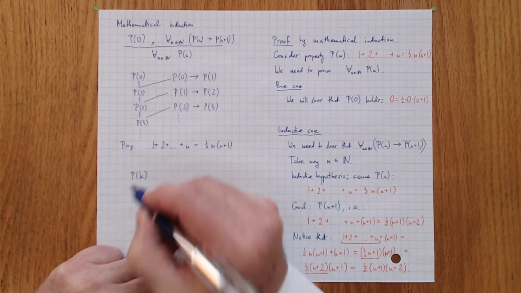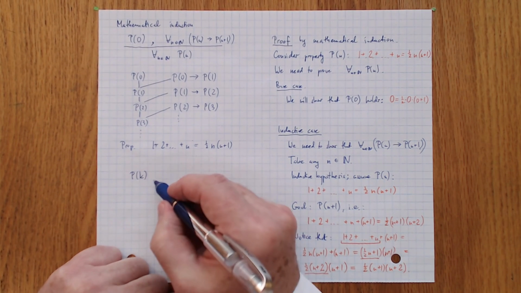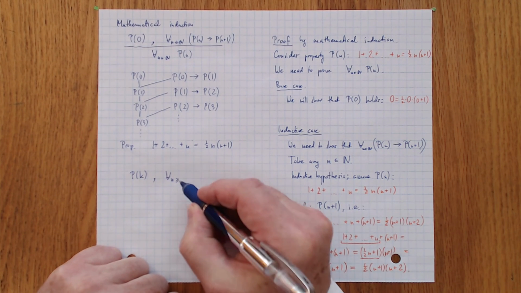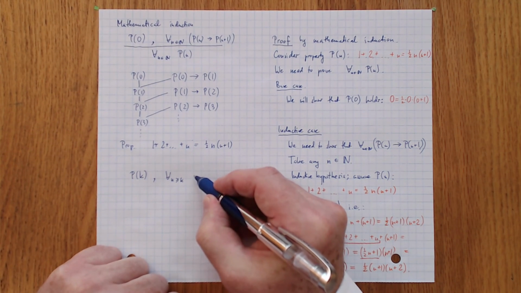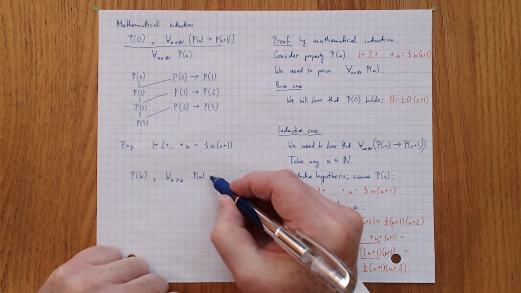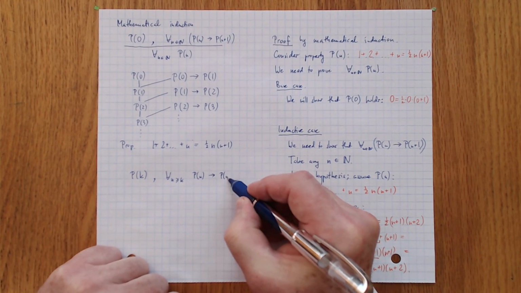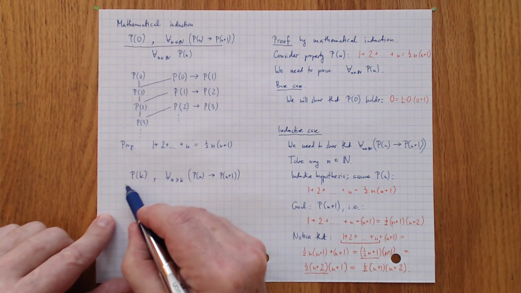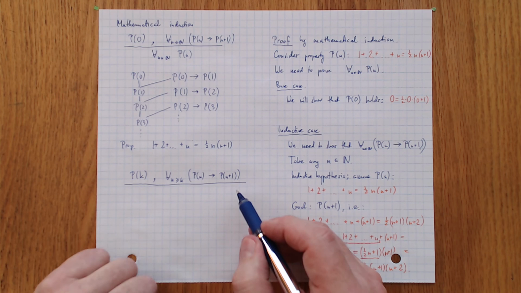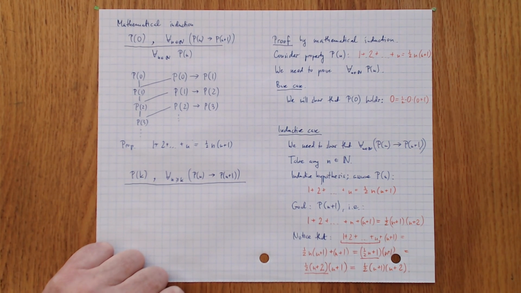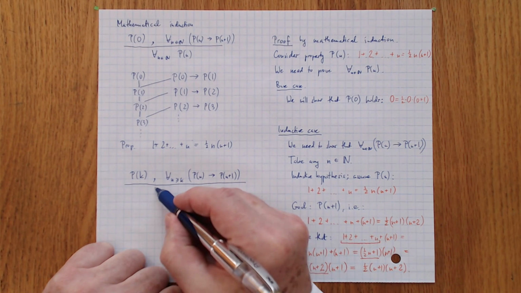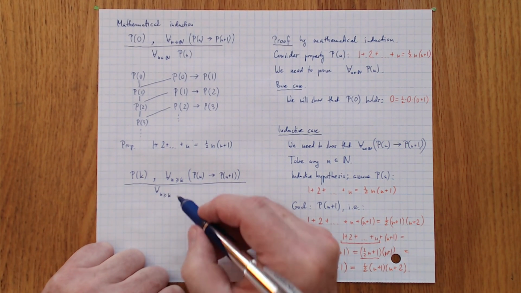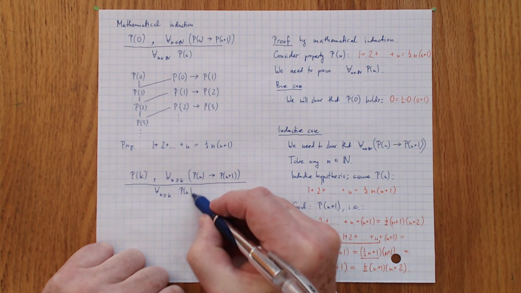We show that p of k holds, and also that for every number n greater than or equal to k, p of n implies p of n plus 1. Given these two facts, we can conclude that for every n greater than or equal to k, p of n holds.